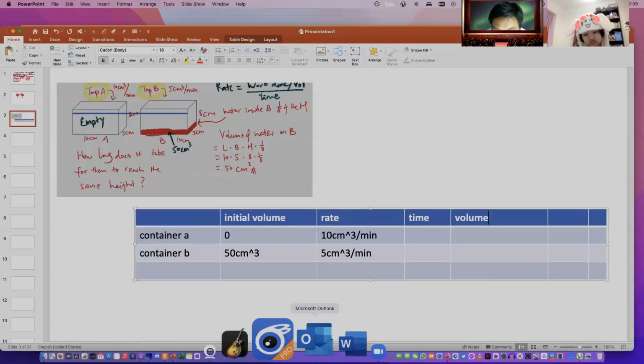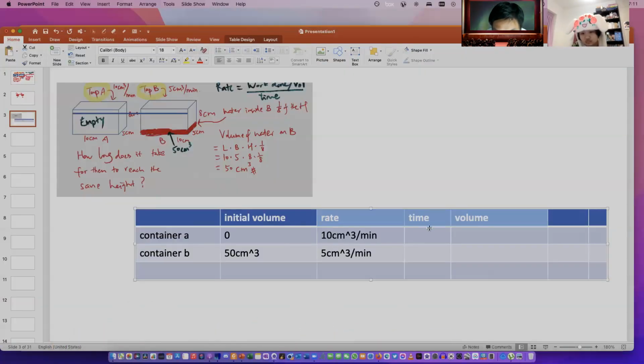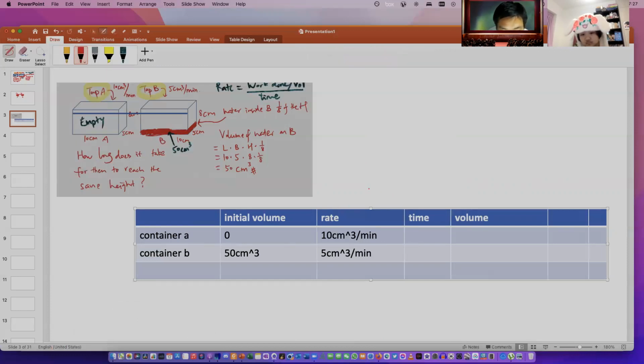What's the relationship between rate, time, and volume? Refer to this formula here. I call these three the parameters: rate times the time is equal to the volume.